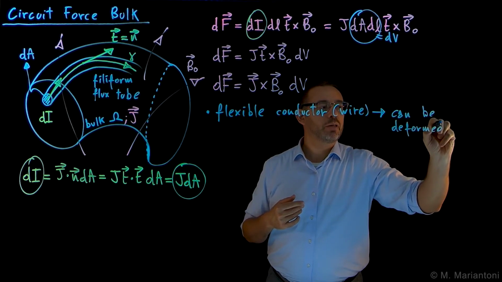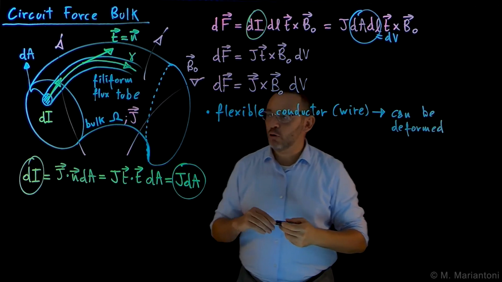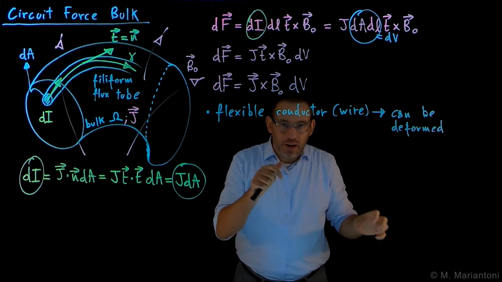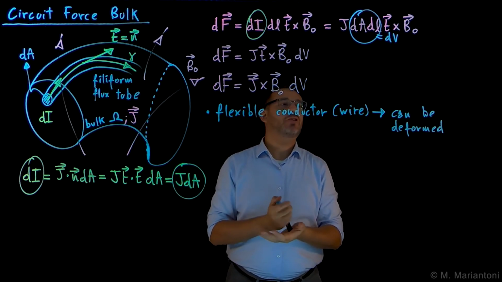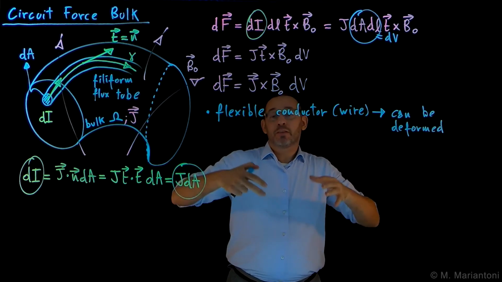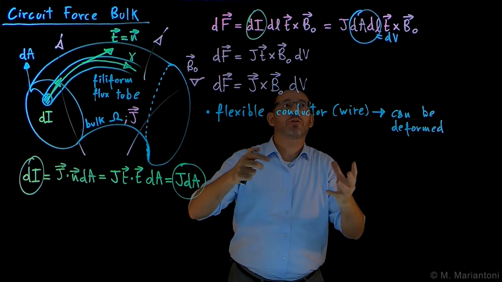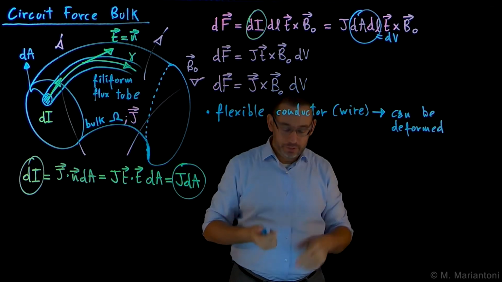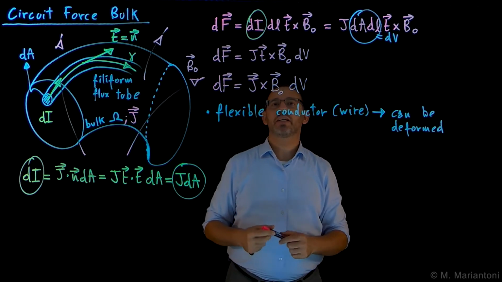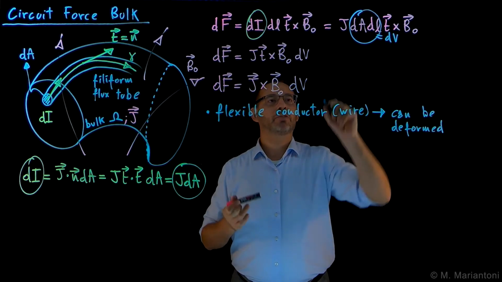In this case, one part of the conductor or wire can interact with another part because they're flexible, and this interaction forces you to use, instead of only the external field, also the internal field. So if the wire is rigid, we do as we've done before.